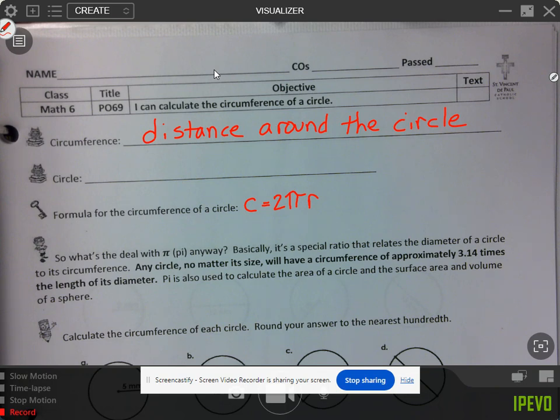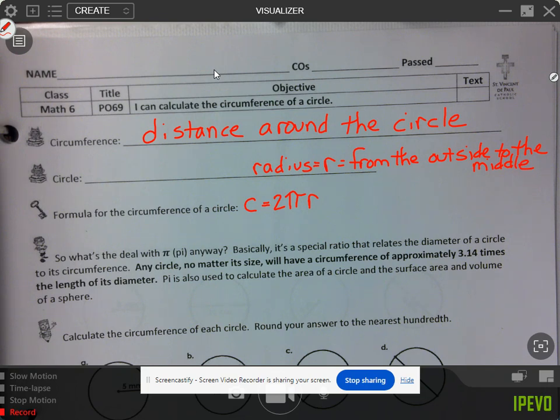Yes, so our R is our radius, which is the R, and that is from the outside to the middle.